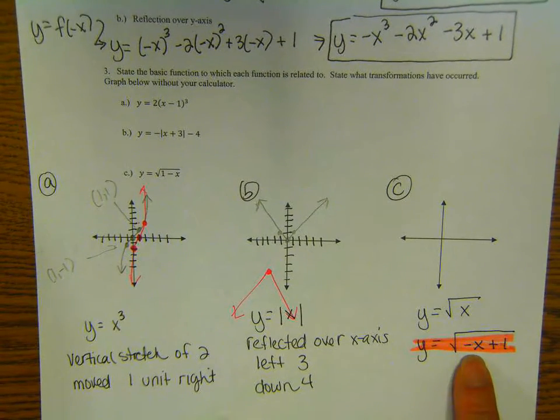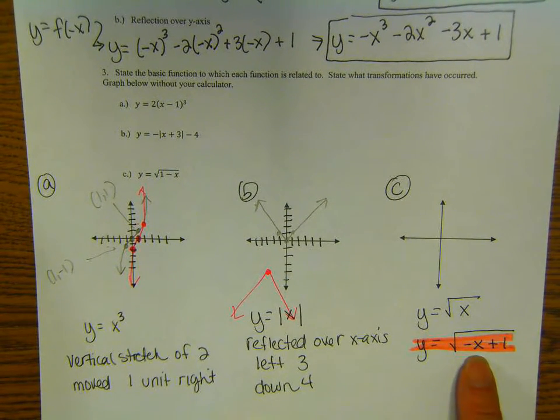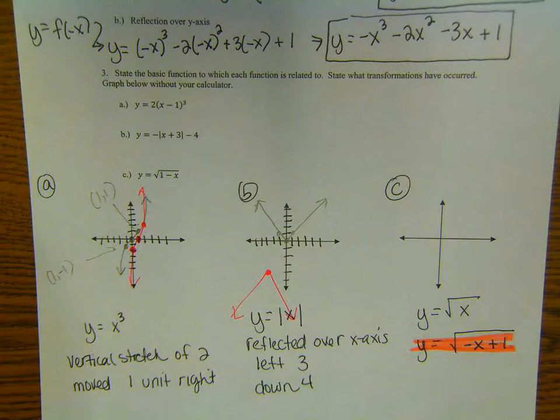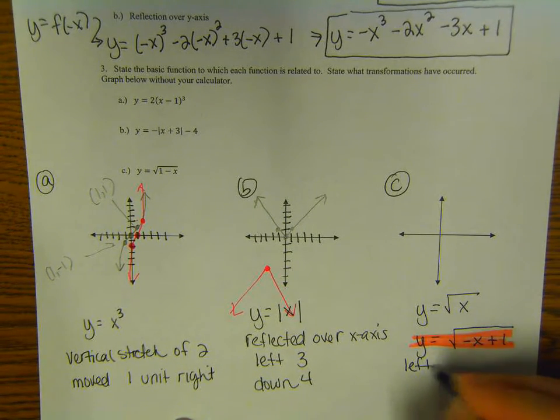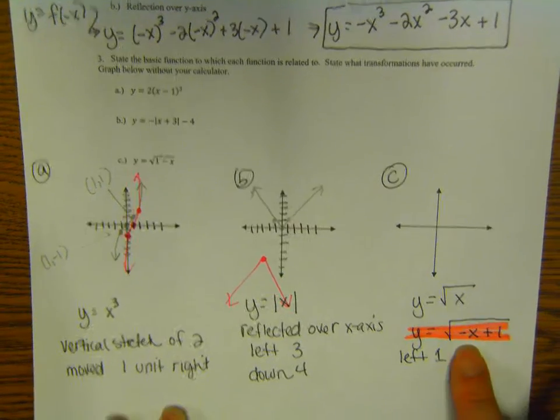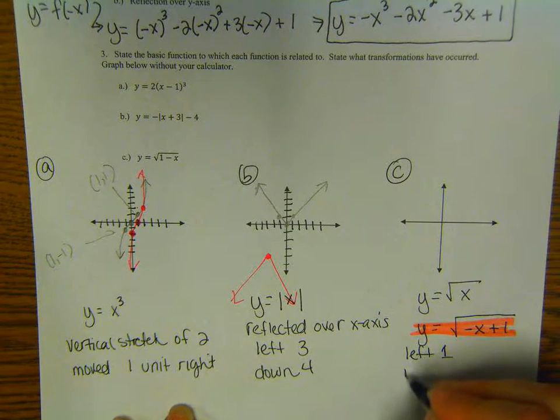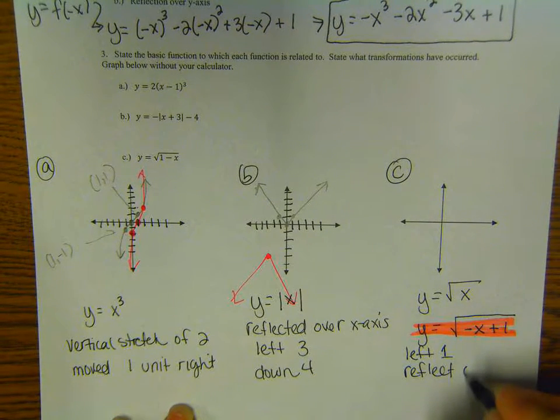And this is a reflection over the y-axis. You are only, in parentheses with x, going to go backwards on them. So I am going to do this first, left 1, and do this second, reflect over the y-axis.